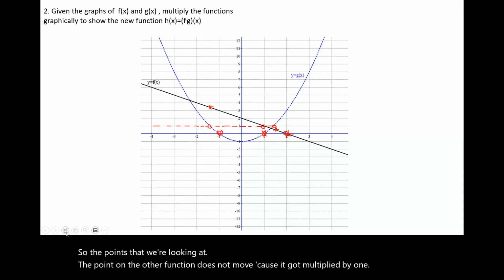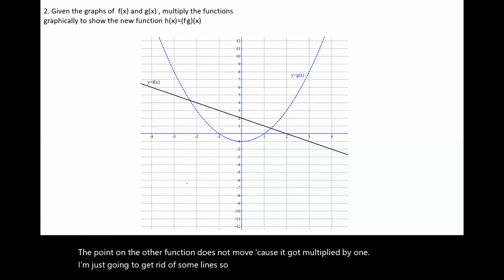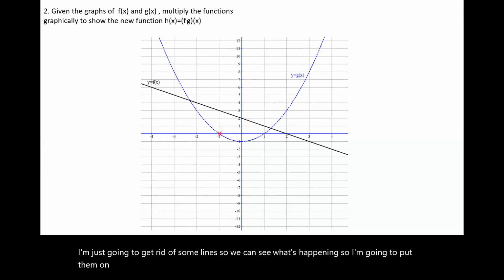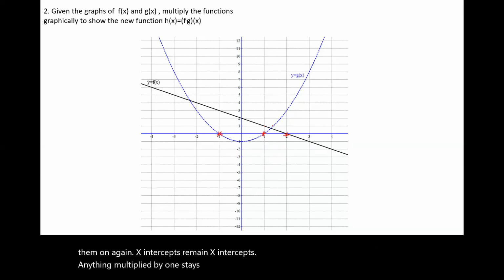Okay, I'm just going to get rid of some lines so we can see what's happening. So I'm going to put them on again. X-intercepts remain x-intercepts. Anything multiplied by 1 stays where it is. So this is at 1, the other graph stays where it is. This is at 1, the other graph stays where it is. So those are 5 points found very quickly.